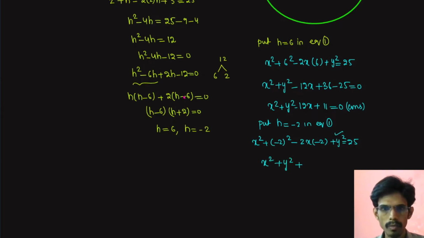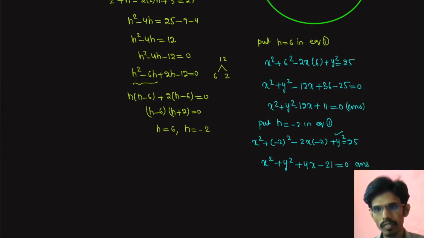Now write down x term, 2 twos are 4x plus 4 minus 25. 4 minus 25 will be minus 21. So this will become minus 21 equal to 0.